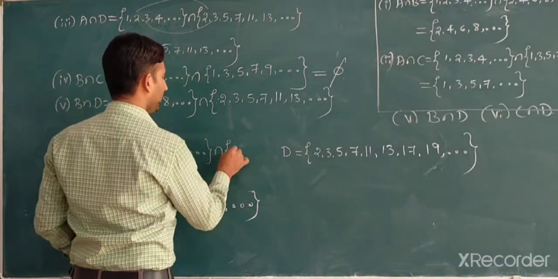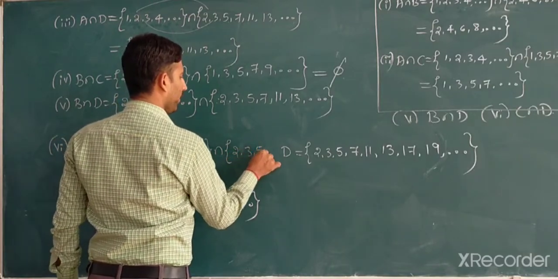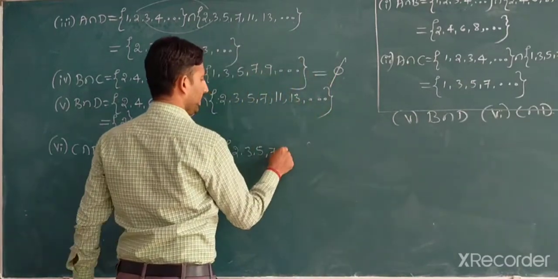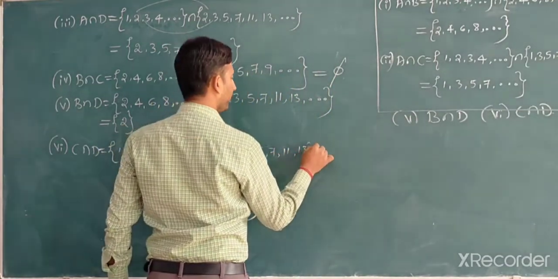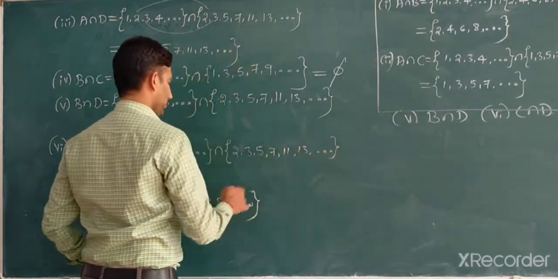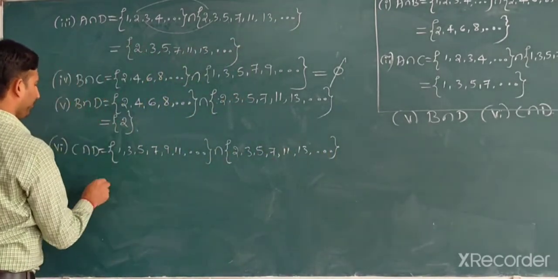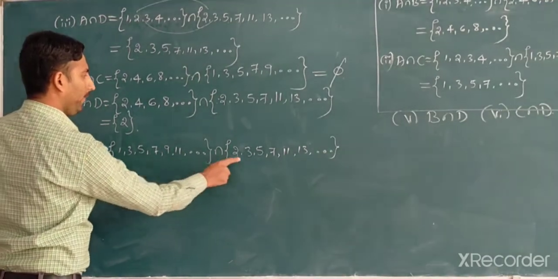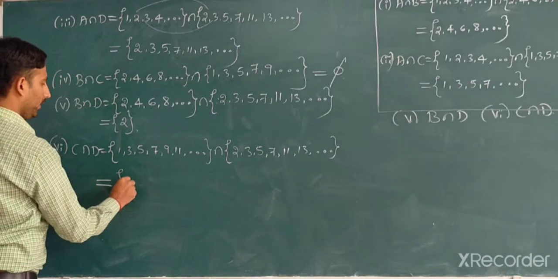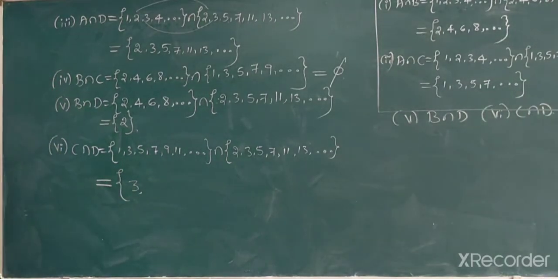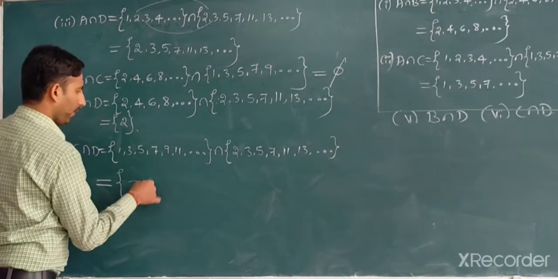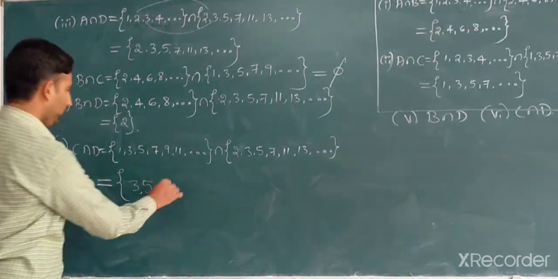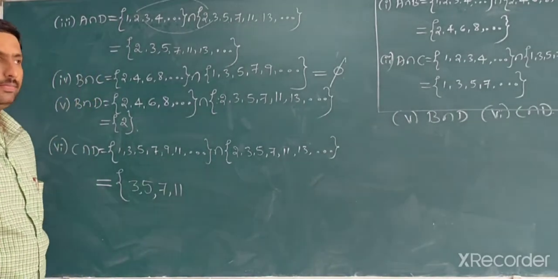D is nothing but 2, 3, 5, 7, 11, 13 like that. What is the value of C intersection D? Here 1 will not be there. Starting from 3: 3, 5, 7, 11.